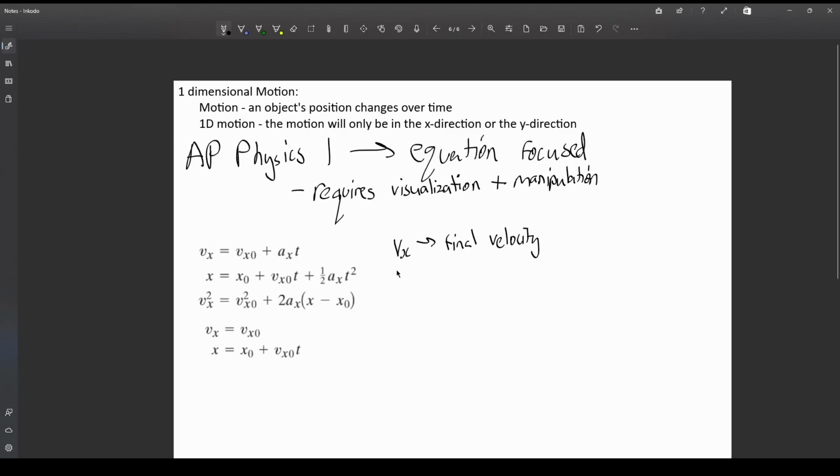So now that we've gone over what Vx is equal to, let's go over what V naught x is. Vx naught, or V naught x, is the initial velocity. Ax is the acceleration.